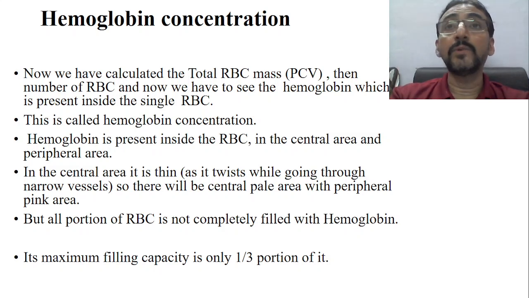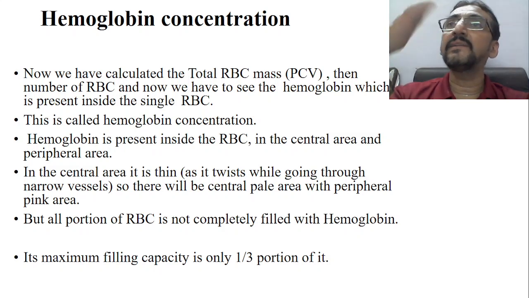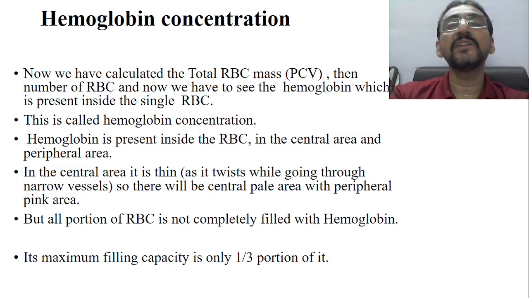Inside the RBC, only 1/3 portion of the RBC contains hemoglobin. Okay, so it's not that the whole RBC contains hemoglobin. The rest of the 2/3 portion is empty, and this emptiness is required when the RBC is moving. If this emptiness is not there, then RBC cannot move and maintain the biconcave shape.